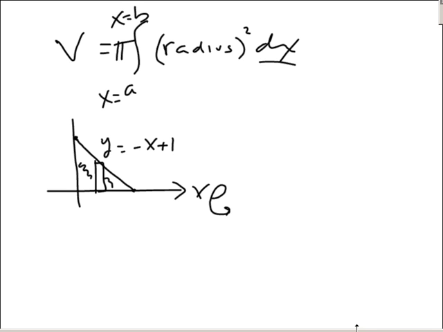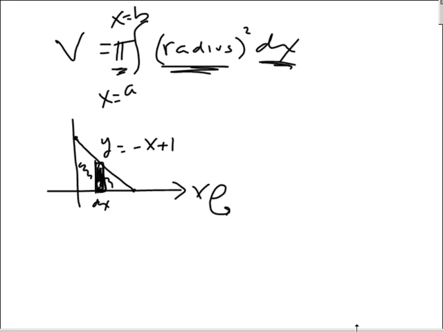So I want you to picture this little rectangle being revolved around the x-axis. What it's going to become is a disk. It's going to be a circle with thickness. The area of the circle is pi r squared times the thickness. There's your dx. So what we need to do is find the radius.